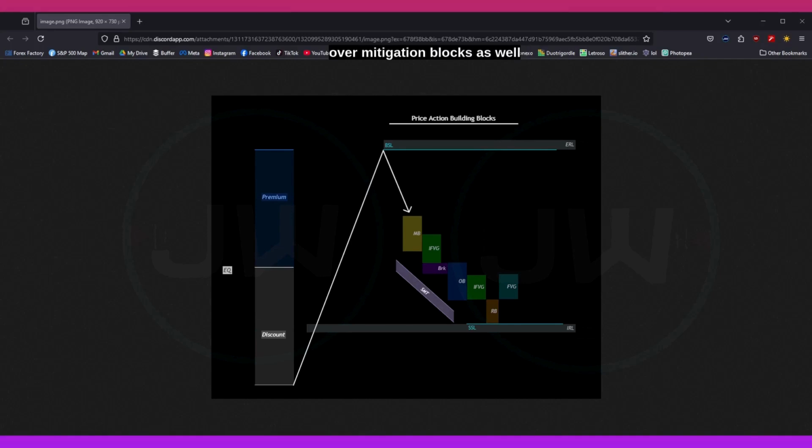Today I'm going to go over mitigation blocks as well as breaker blocks. If you remember, I have spoken about breaker blocks in the past, but as you'll see, I took that video down. I think that video does need an update, and so I thought perhaps we can make this a double lesson, because I do think it becomes quite clearer for both concepts if we compare both mitigation blocks and breaker blocks side by side.